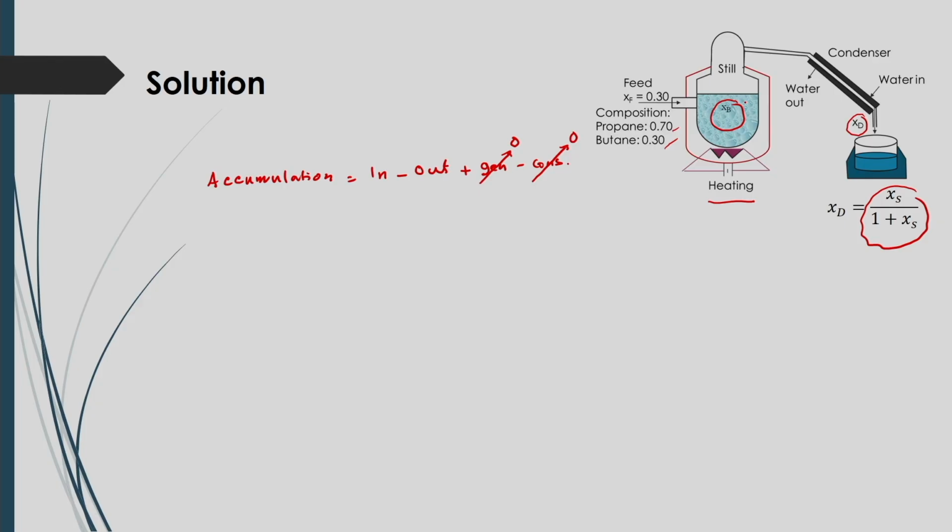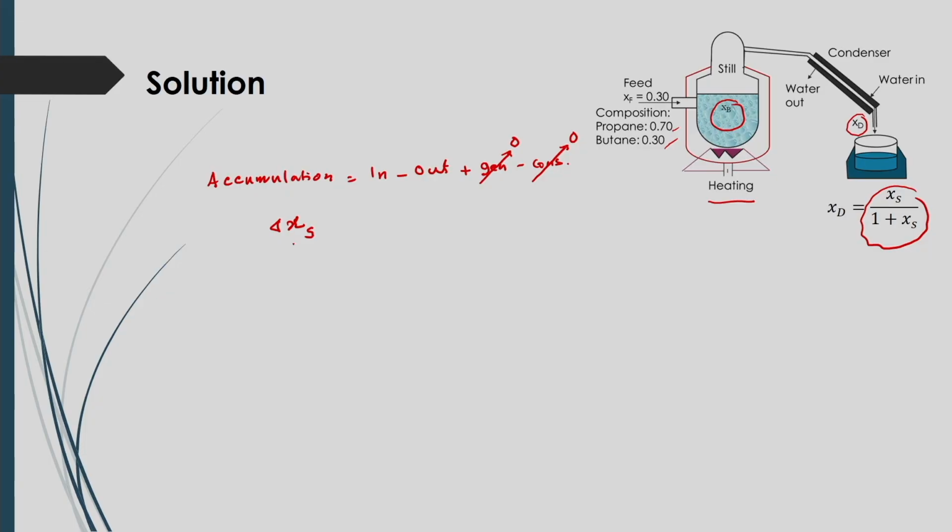Now what is that change? That we do not know. Let us say this change is delta xs, where xs is the still concentration, the butane concentration in the still. The change of that concentration with respect to time delta t will be delta xs.